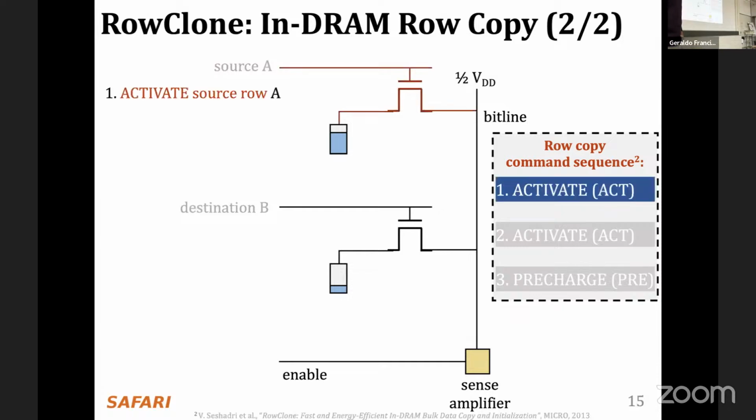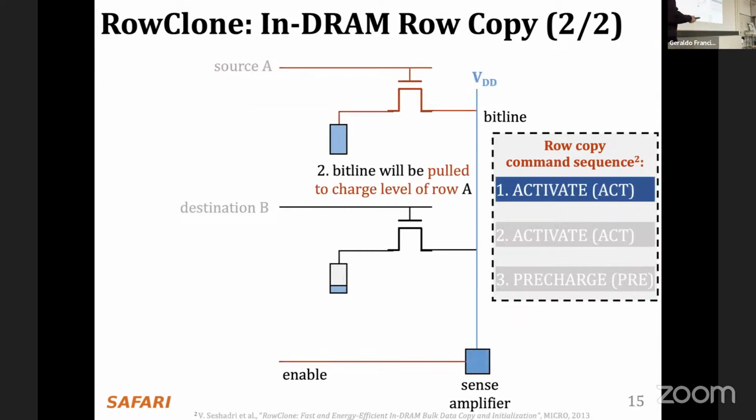The first activate operates exactly as I mentioned before. The word line connects the storage cell capacitor to the bit line. The sense amplifier amplifies the voltage level from the source cell capacitor and latches the data.